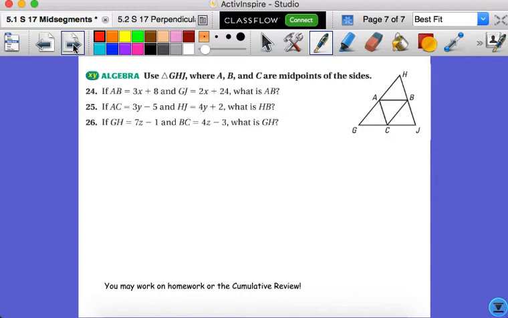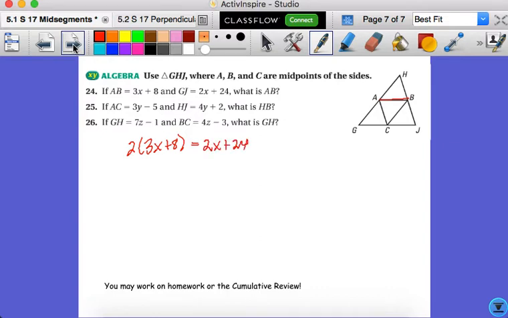So in this case, it says if I know AB is 3x plus 8 and GJ is 2x plus 24, what is the length of AB? So remember that we want to double the midsegment. So double the 3x plus 8 equals the base, 2x plus 24.